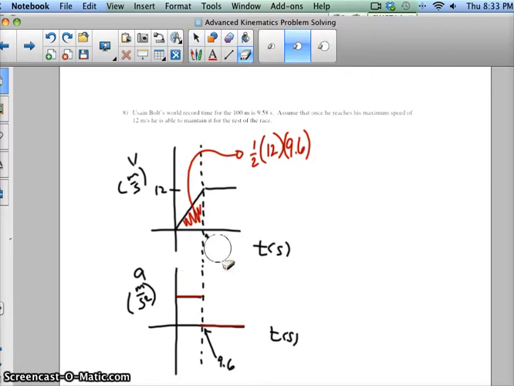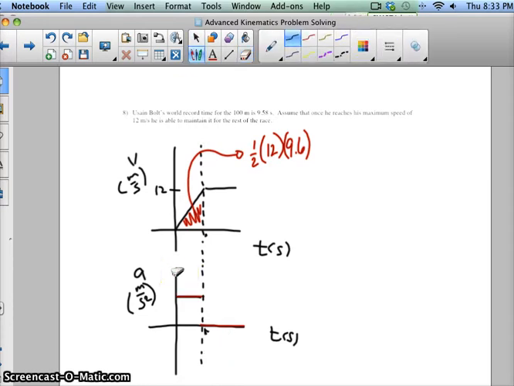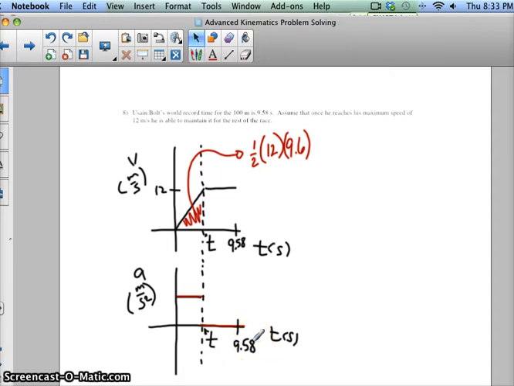This is not what the 9.6 seconds is. I'm going to call this T. I don't know what that time is. The total time of the race, I guess I could write 9.58, if someone took the time to measure it that carefully, fine.